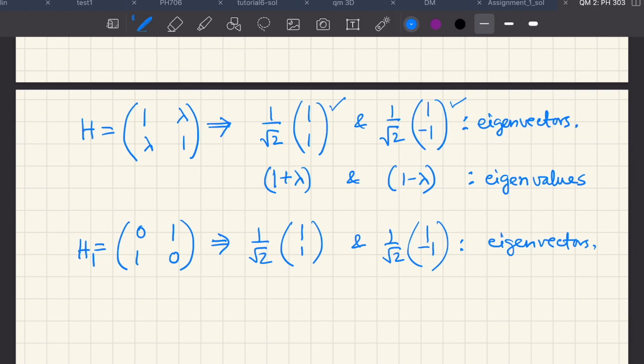However small your lambda is, you just add a perturbation which is extremely small and the eigenvectors change. What is the reason behind that?